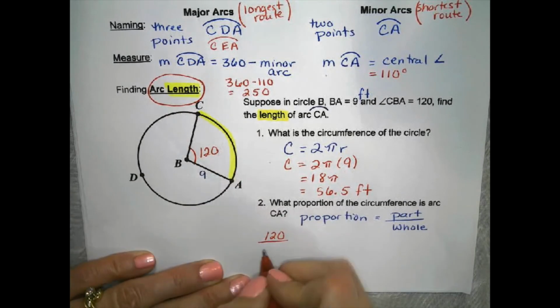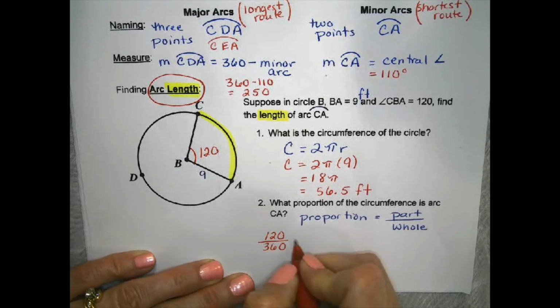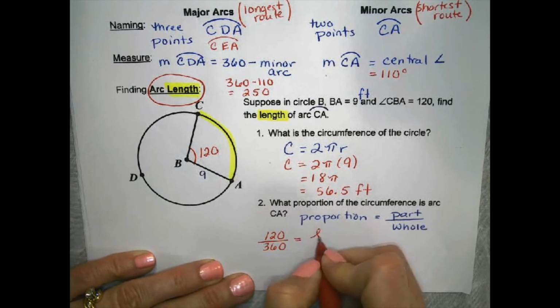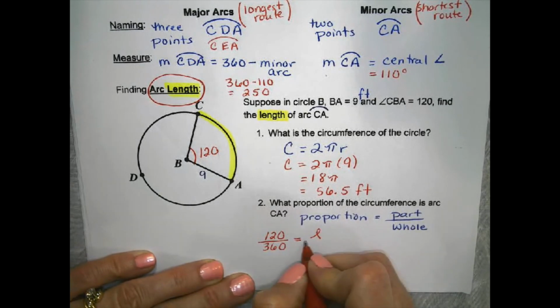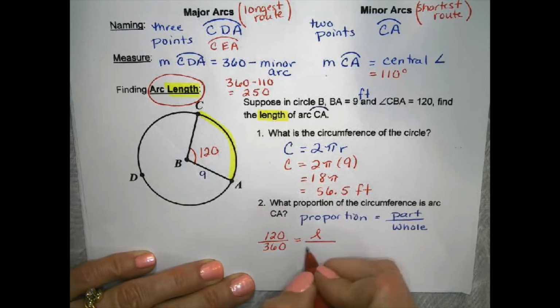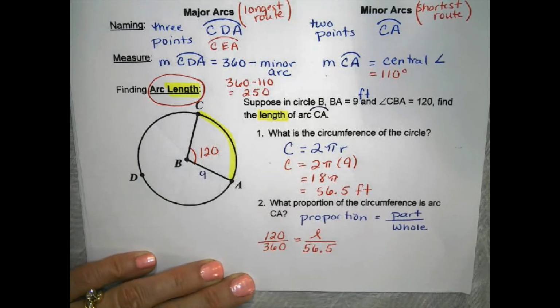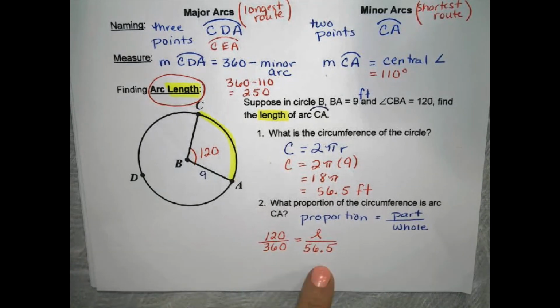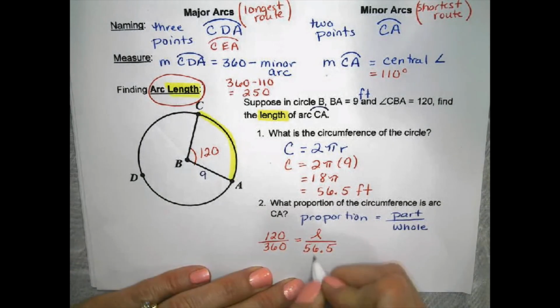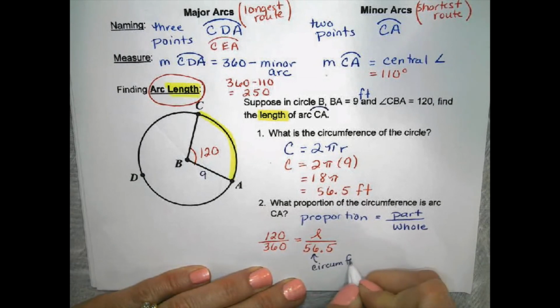That's going to equal the length of my arc over the length of the entire circle, which was 56.5 feet. So this here is the whole circumference of the circle.